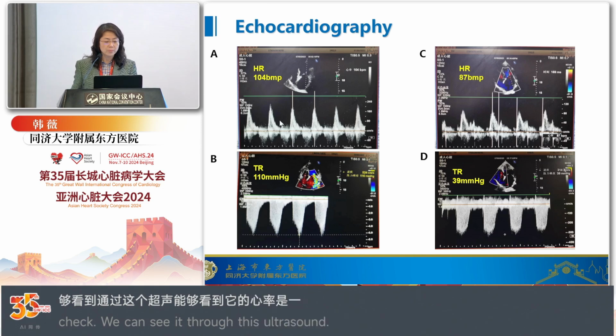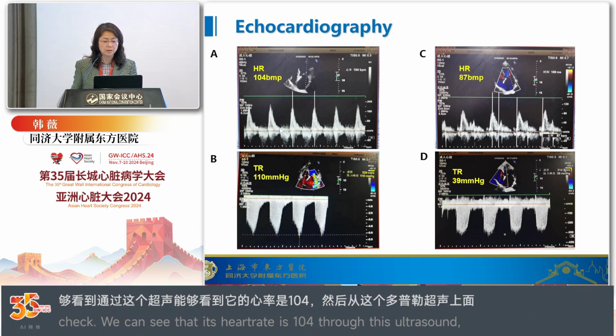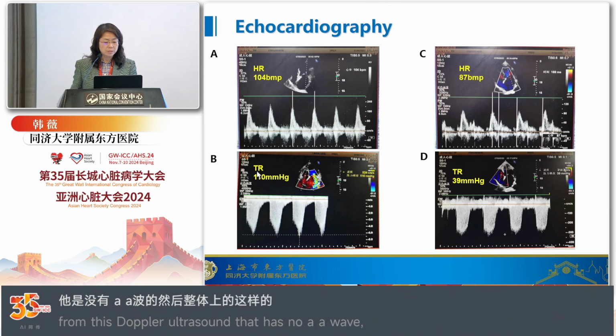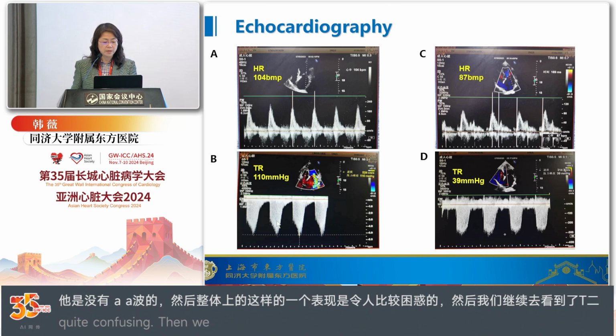From the pulse Doppler, we can see there is only an E wave and no A wave, which indicates the E wave and A wave are fused. From the TR jet, the PASP is 110.